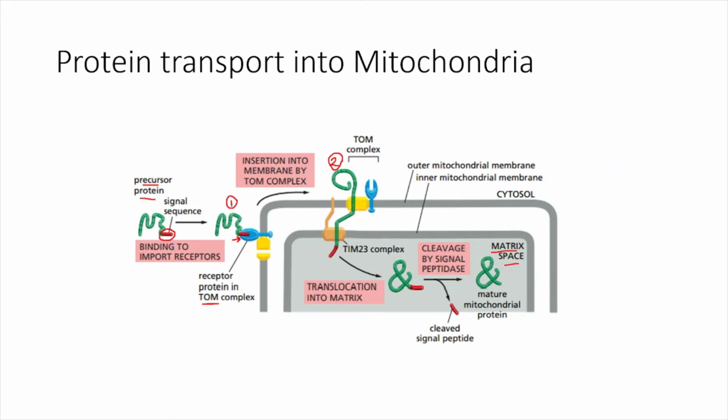After passing through the TOM complex, the protein is taken up by the TIM23 complex present in the inner mitochondrial membrane. So the protein first passes through the TOM complex, then through the TIM complex, and finally the protein arrives within the matrix space of the mitochondria, which is inside the inner mitochondrial membrane. So this is the third step of protein transport into the mitochondria.